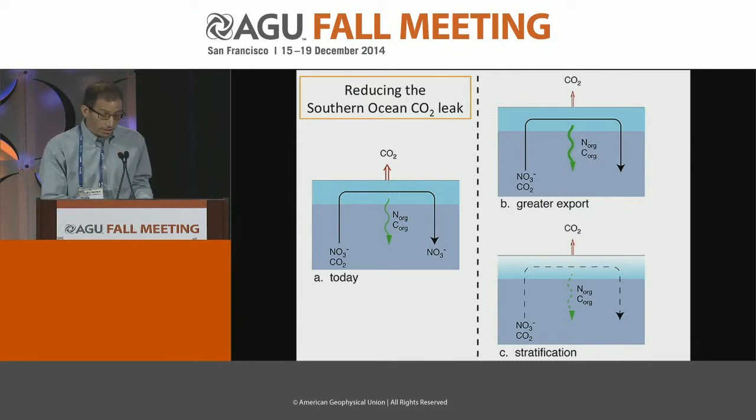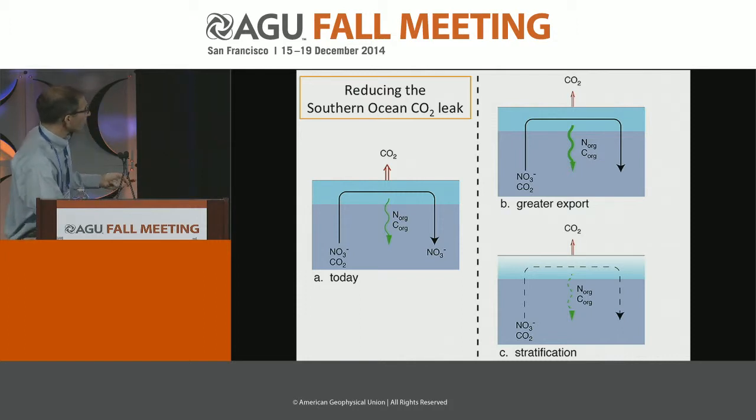Since the discovery of glacial and interglacial CO2 change, of lower CO2 levels during ice ages, it's been recognized that if we could stem this leak during ice ages, we'd have a potential explanation for the lower ice age atmospheric CO2. And in this context, there are two end-member scenarios that one can imagine.